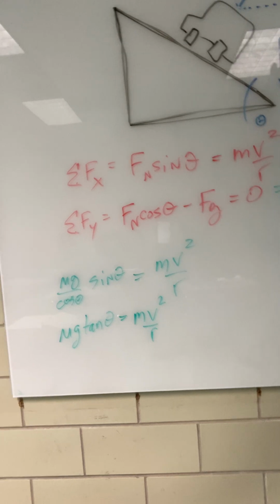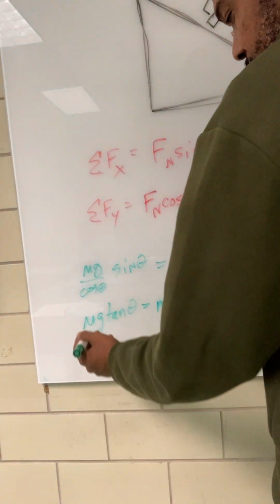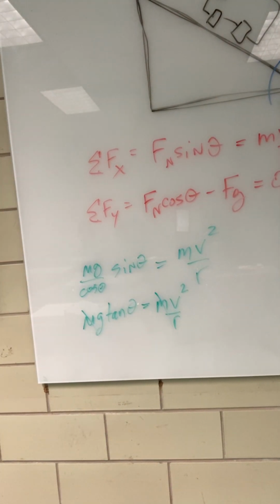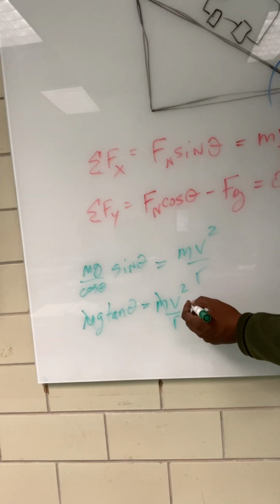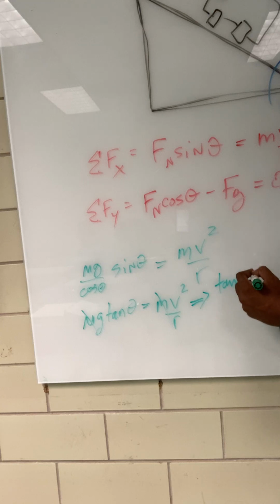But we also notice that we have m on both sides. So let's get rid of the m's. M's cancel on both sides, so that leaves us with tan theta is equal to v squared over r.